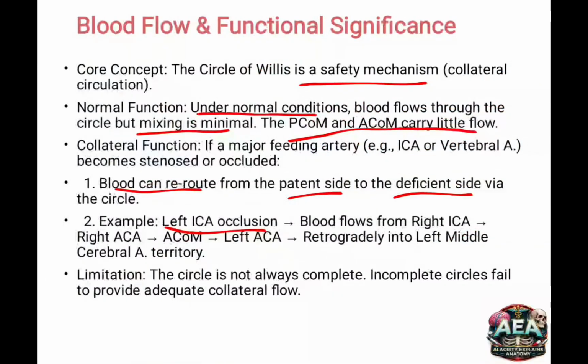So what will happen is that blood is going to flow from the right internal carotid artery to the right anterior cerebral artery to the anterior communicating artery to the left anterior cerebral artery, then retrogradely into the left middle cerebral artery. You see, blood moved from the right to the left. There's an occlusion on the left side, and blood is moving from the right side to the left side.